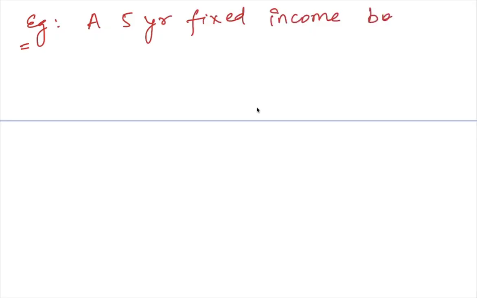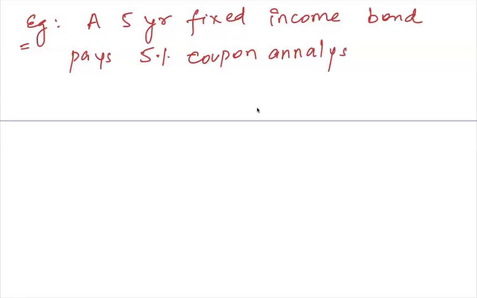Let's say a 5-year fixed income bond pays 5% coupon annually on a $1,000 investment. So this is an example that I'm covering.